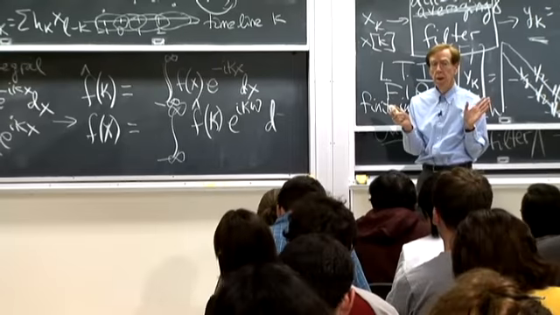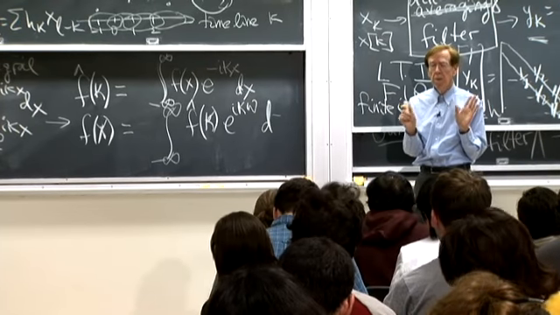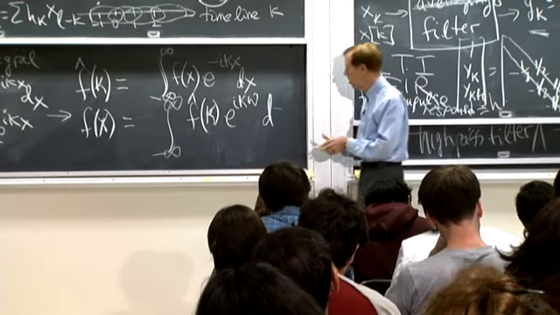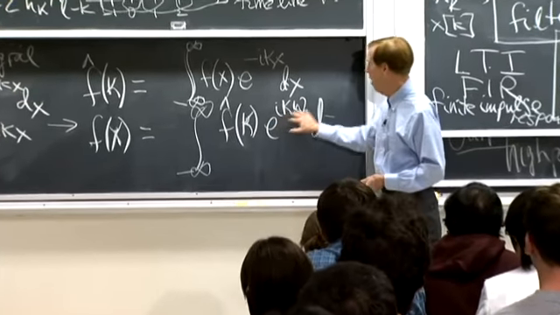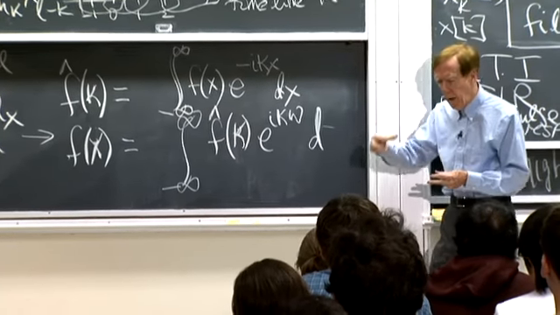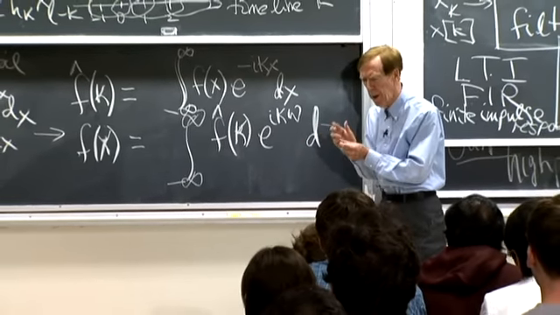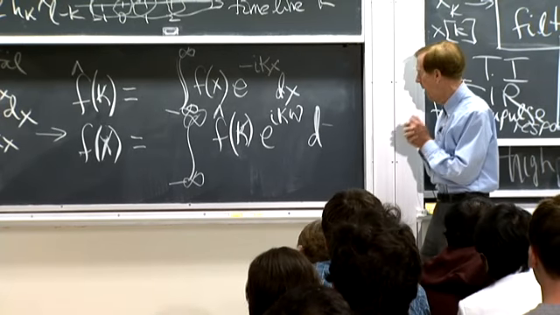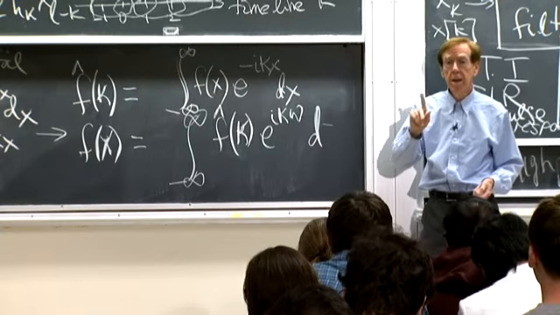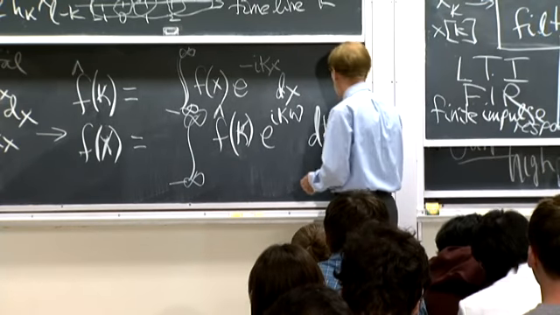We're integrating d what? I'm integrating here. I'm reconstructing the function. I'm putting back the harmonics with the amount. f hat of k tells me how much e to the i k x there is in the function. I put them all together, so I integrate dk. I'm integrating over the frequencies.